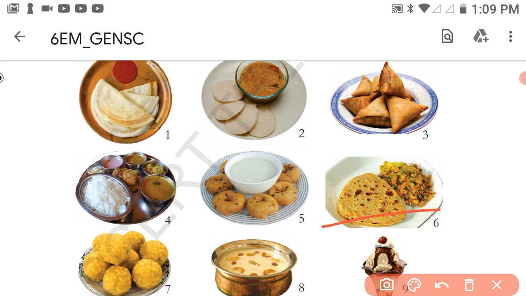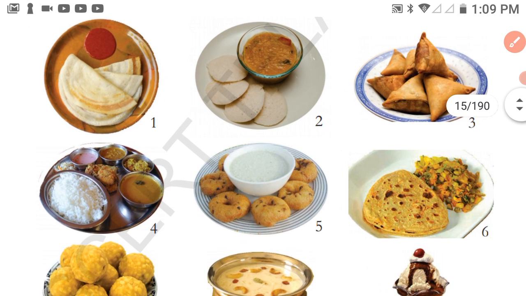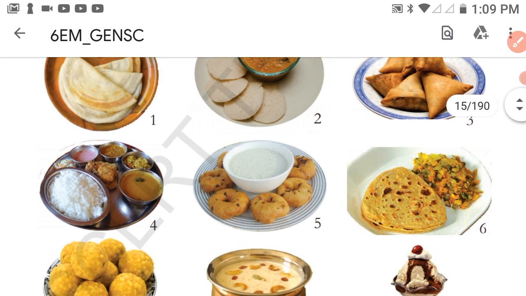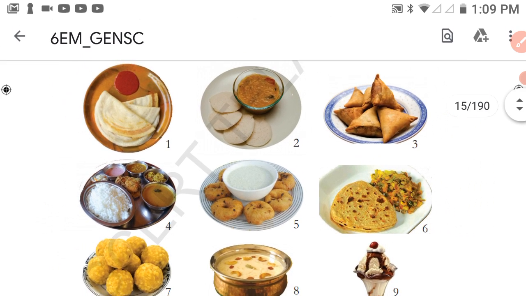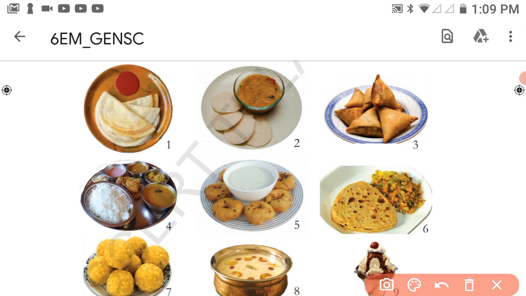Next, here we are having healthy chapatis with vegetable curries. See how many different types of vegetables are there. But most of the kids don't like vegetables. Now in this chapter they will also teach you why we need to have curry or vegetables, because it is really healthy.